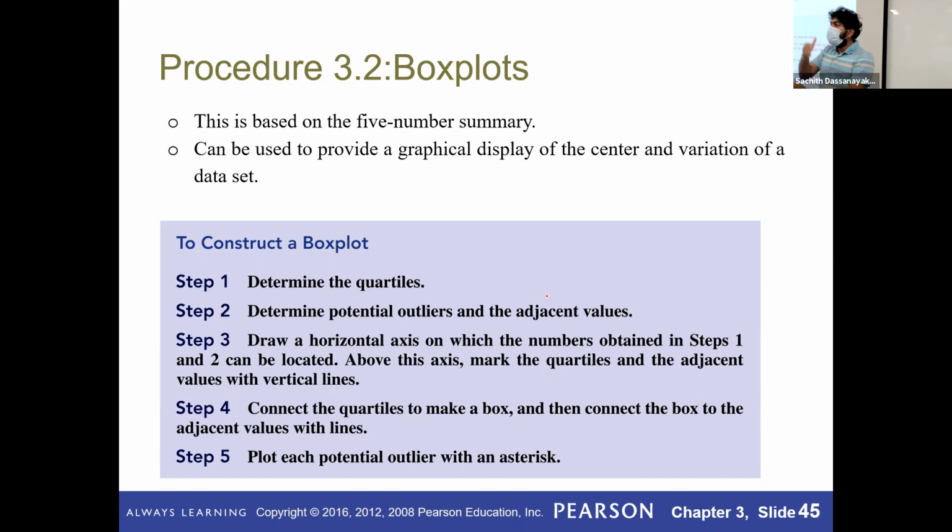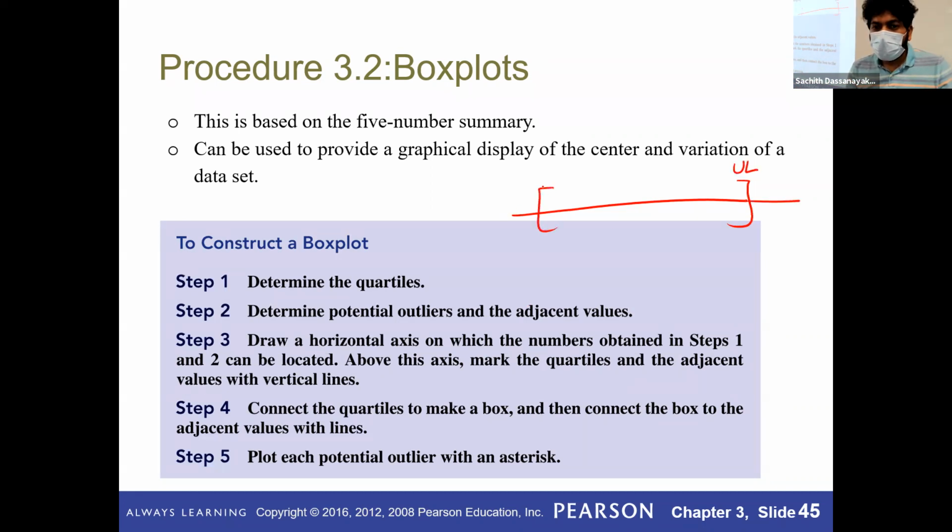Whatever value is less than your lower limit is an outlier. Whatever value is greater than your upper limit is an outlier. It can be one or many. Which means simply, let me draw here. This is your upper limit, UL.